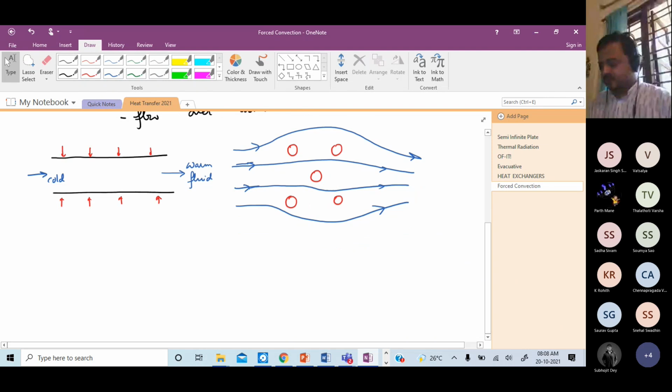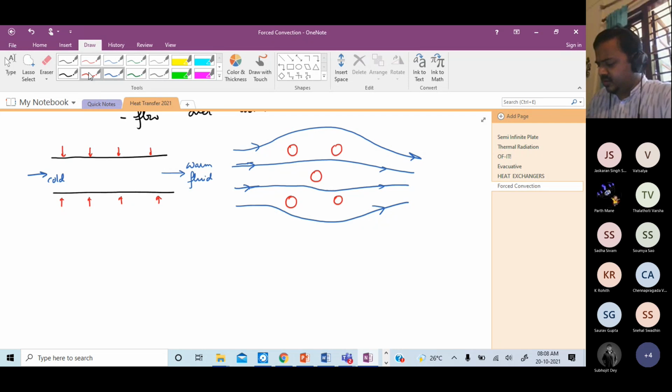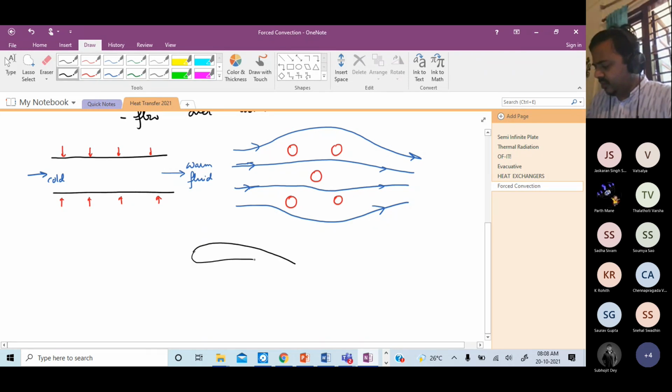Then flow over a turbine blade. Typically it's the other way, but it's okay; let me draw it in a neutral color. This is typically the cross section of a turbine blade.